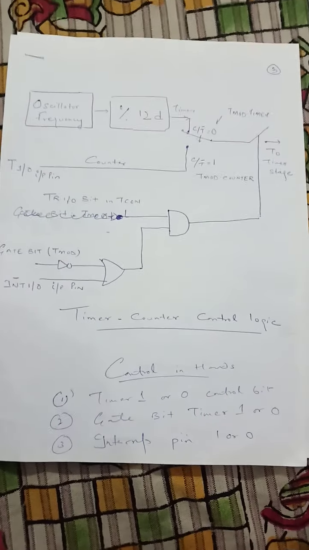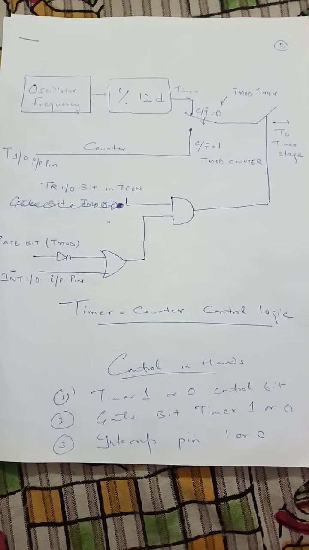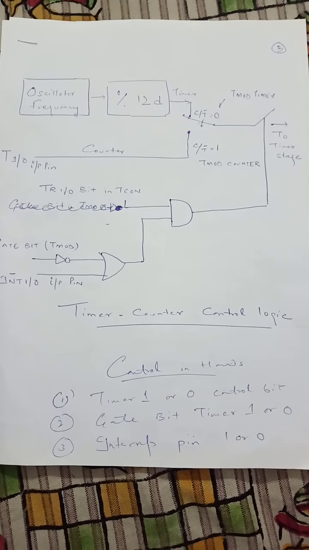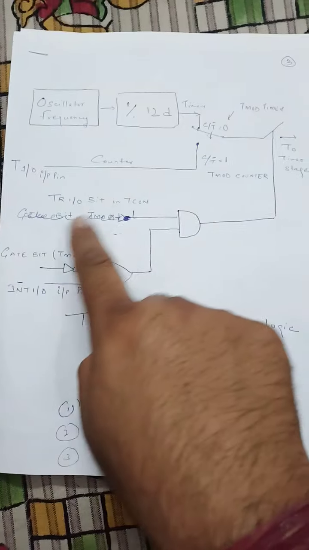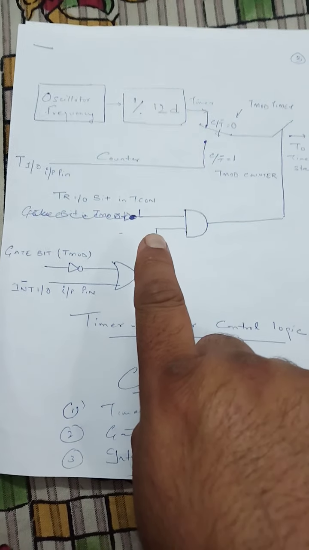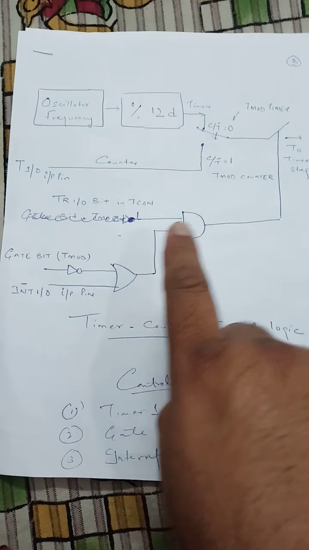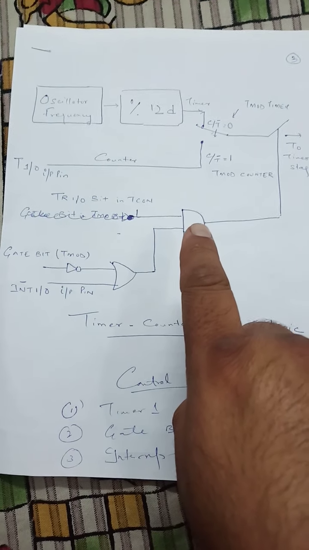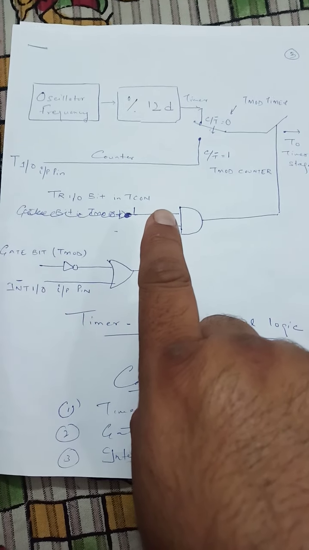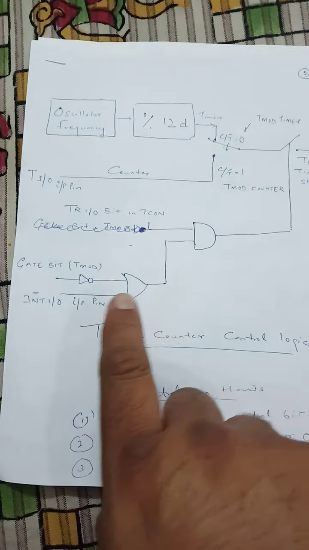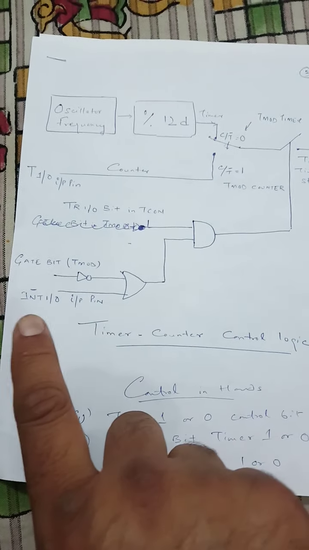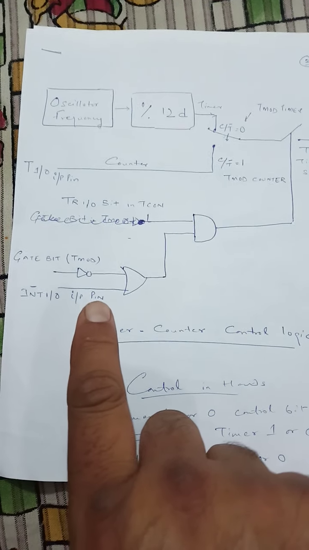Now, when it is used as a timer, that is C/T bar is equal to 0, before reaching the timer stage, it is controlled by this specific circuitry. This specific circuitry is basically the control portion. From the timer 1 or timer 0 control bit, it controls via this AND gate. One of the inputs is from the TR bit of the TCON register, and the second input is basically the gate bit of the TMOD register, or the external interrupt pin of 8051.